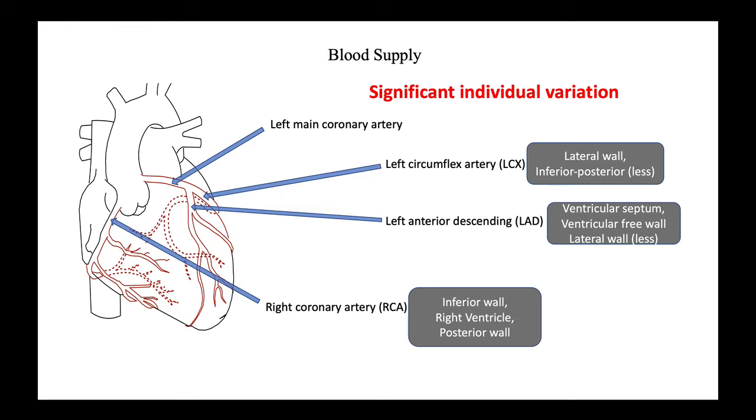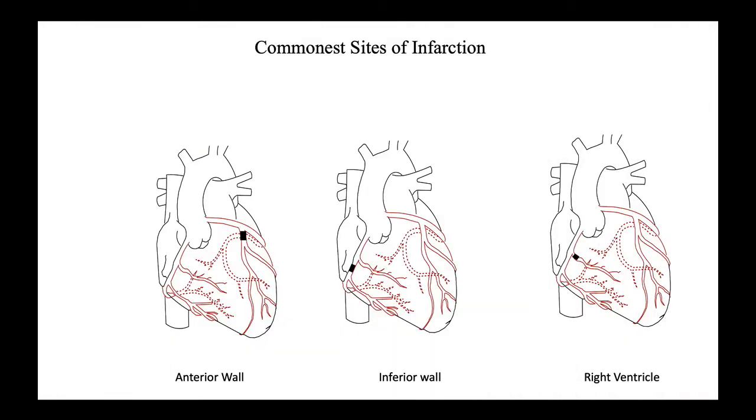What we need to understand is there can be significant individual variations in the blood supply of the heart and the wall that is being supplied. So please do keep that in mind. Here's a picture showing the common sites of infarction and the wall that might be involved. You have your left anterior descending branch, which is involved in anterior wall infarctions, and this shows a cross-sectional view of which part of the wall is involved.